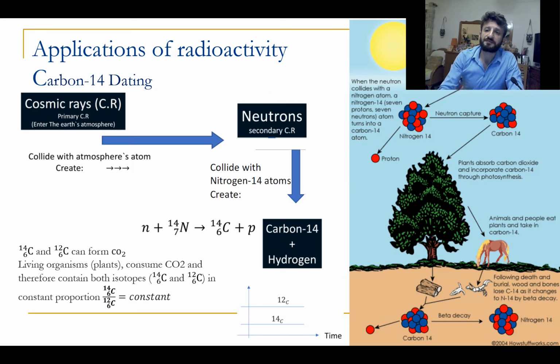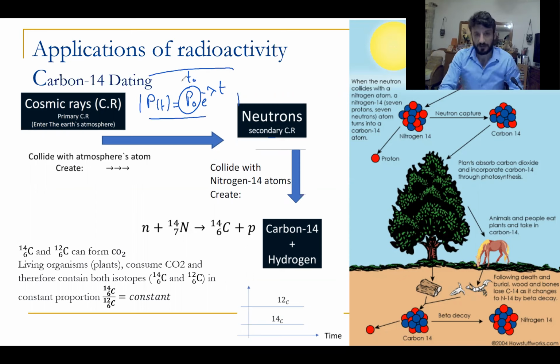In general, by this method we use the decay law: P(t), the parent atoms at a time t, equals P0 exponential minus lambda t. Why can you use it? Because the initial number of carbon at a time t0 is known, so we can use it directly.